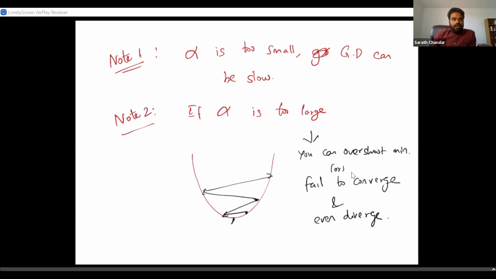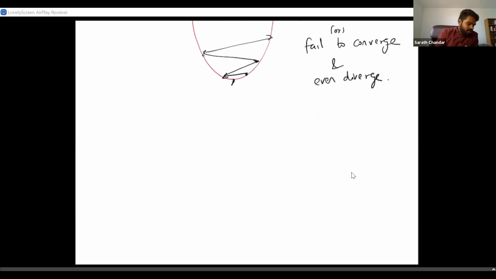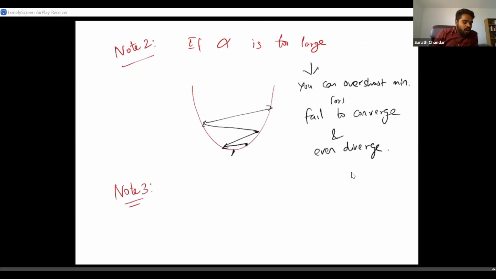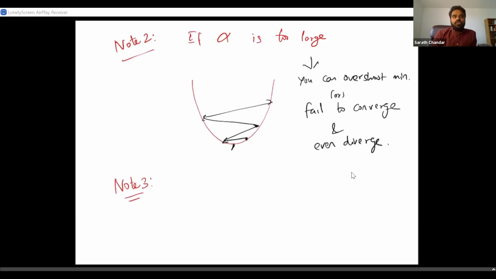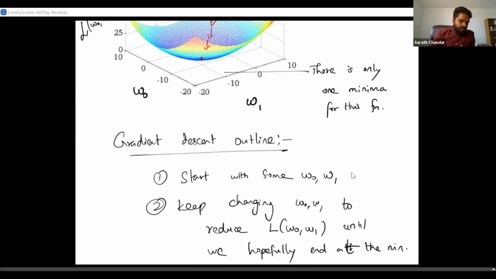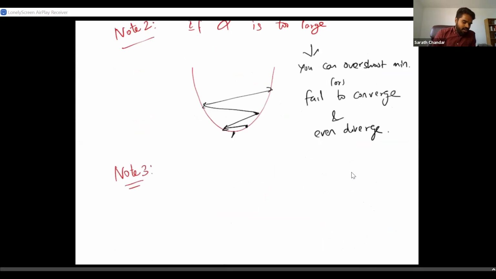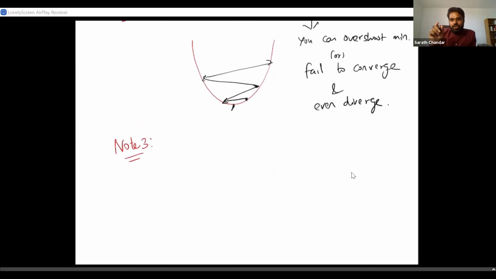Another interesting note is that this problem doesn't mean that as you go closer to the minima, you need to change your learning rate. In fact, even with a fixed learning rate, the gradient itself is going to shrink as you get closer to the minima. So that will take care of the step size.